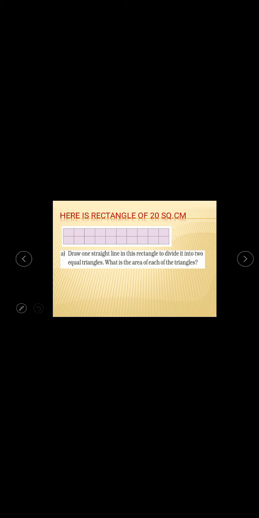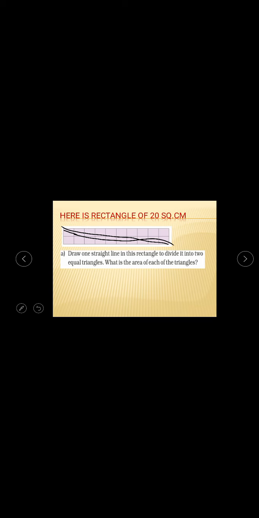So first of all you have to divide this rectangle in such a way so that it will be divided into 2 equal triangles. So I will draw a line from this end to this end. Sorry, my line is not exact. So it will be divided into 2 equal triangles.